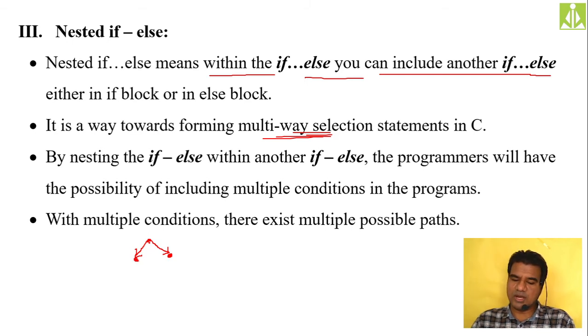Okay, if I put one if else inside if part, and if I put one if else inside else part, then I am getting two more decision making points. So from here one more true false, from here also one more true false. So how many conditions I am keeping over here? Three conditions. This is condition 1, this is condition 2, and this is condition 3.